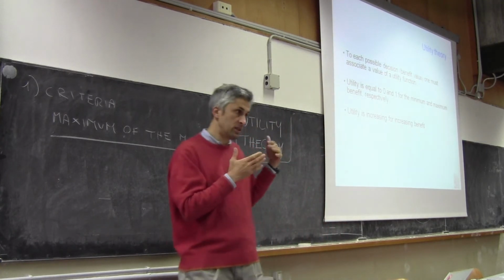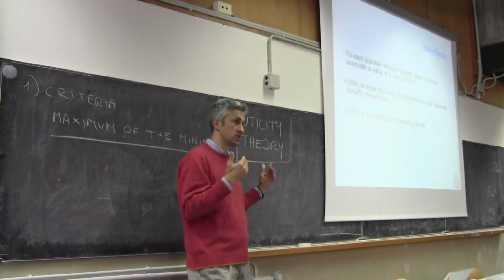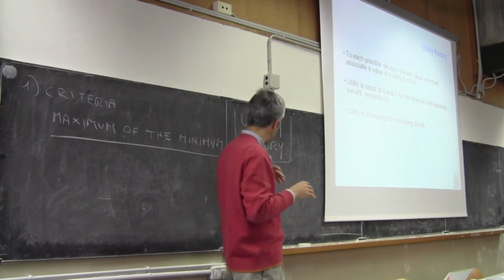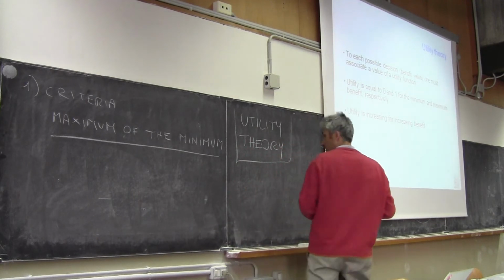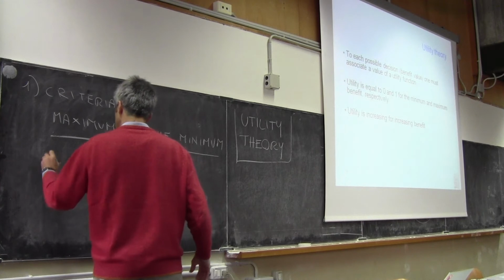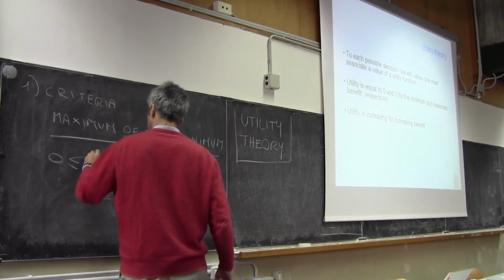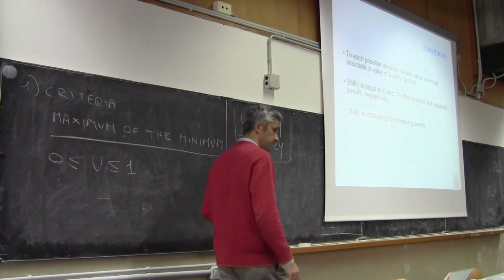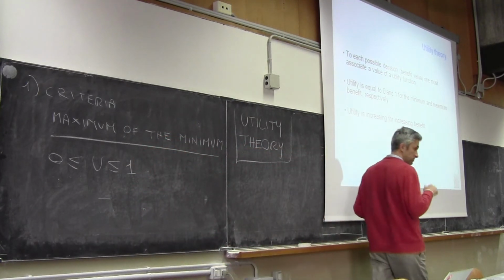First of all, let's define some axioms. In order to define utility, let's define some axioms for the value of utility. First of all, I said 0 is less than or equal to utility, which is less than or equal to 1. This is the first axiom.